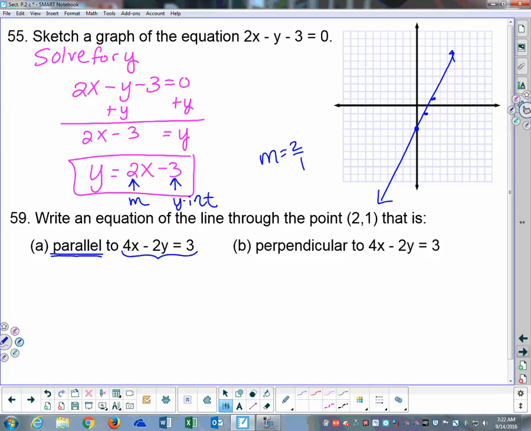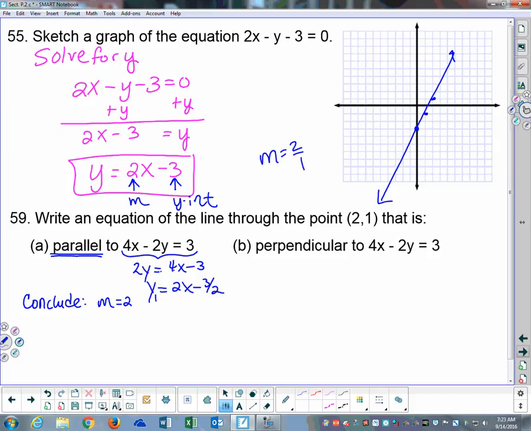Most of you are probably familiar with solving for y, so I'm going to go 2y equals 4x minus 3, solve for y, and that's going to give me 2x minus 3 halves. From this, I can now conclude that my slope was a 2 for that line y sub 1.